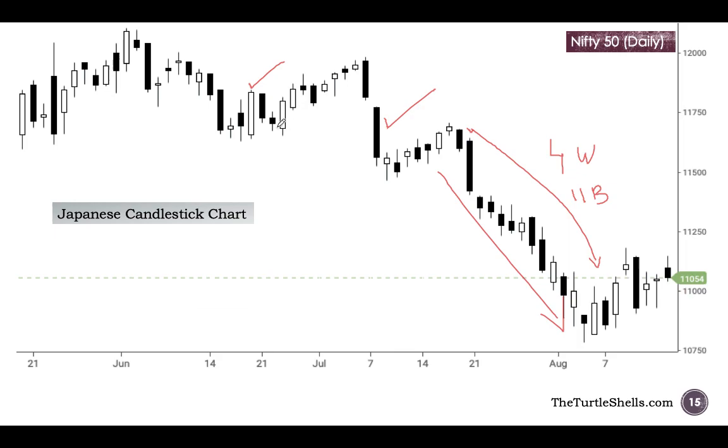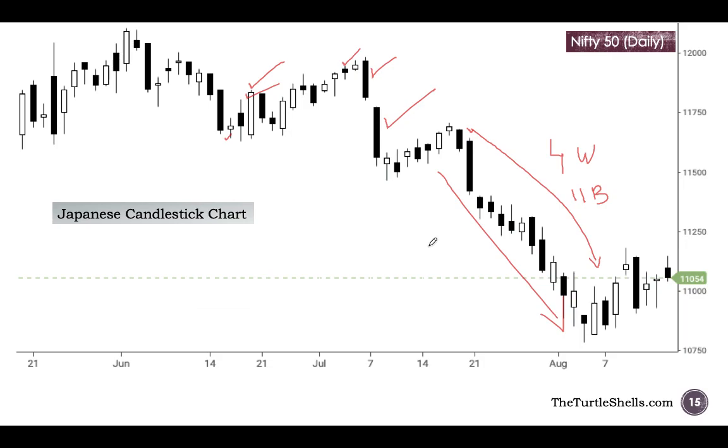And also notice that within the white candle there are different shapes. So this white candle is very different from this white candle, or this black candle is very different from this black candle. So depending on the shapes of the candles, you can have multiple permutation combinations of different patterns, which is what Japanese candlesticks patterns is all about.